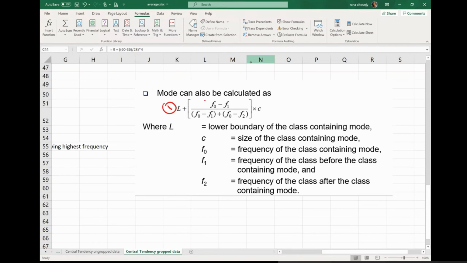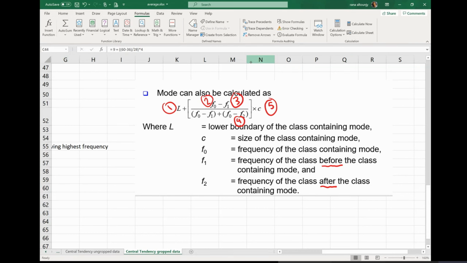F0 is the frequency of the class containing the mode. F1 is the frequency of the class before the class containing the mode. F2 is the frequency of the class after the class containing the mode, and C is the size of the class containing the mode.